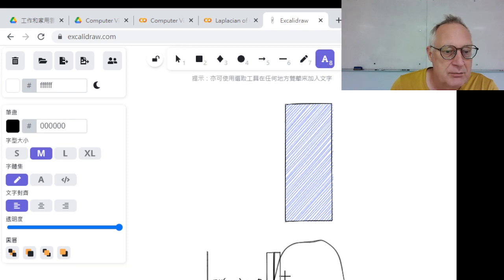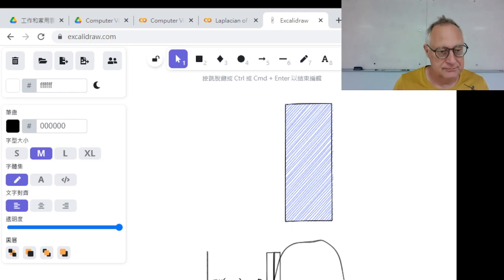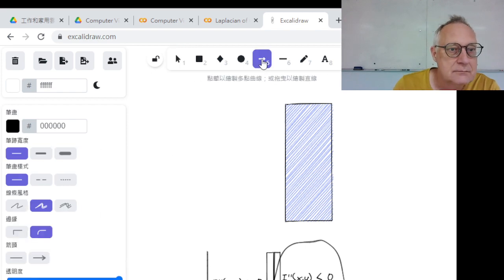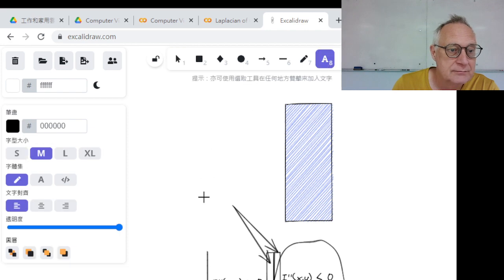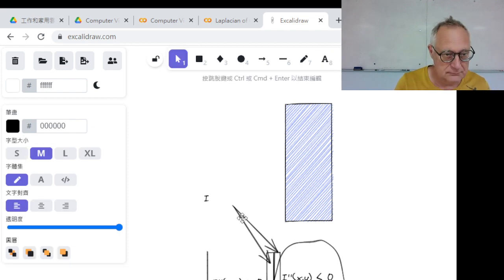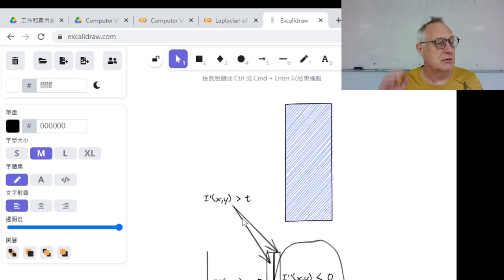And here it would be less than 0. Now here and here, both of those, the first derivative would be greater than some threshold t.